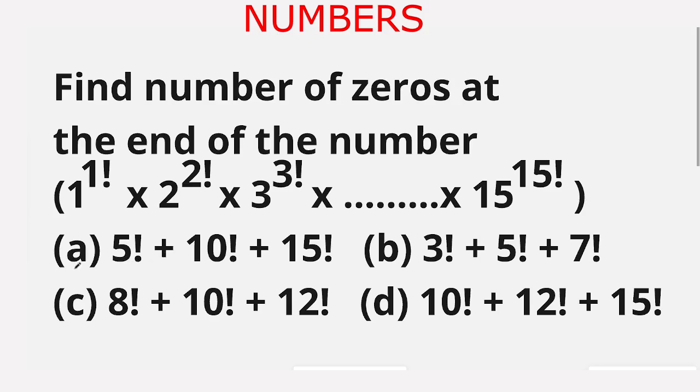The options are: A, 5 factorial plus 10 factorial plus 15 factorial. B, 3 factorial plus 5 factorial plus 7 factorial. C, 8 factorial plus 10 factorial plus 12 factorial. D, 10 factorial plus 12 factorial plus 15 factorial.